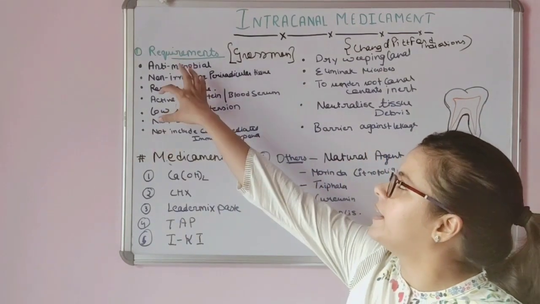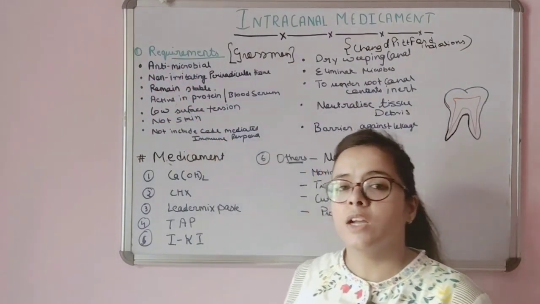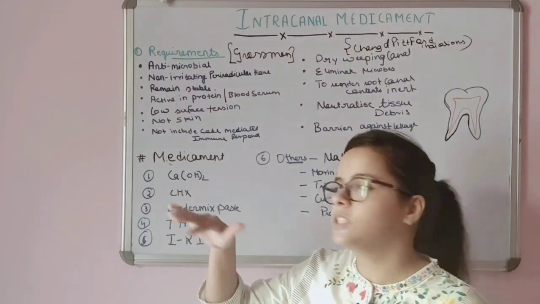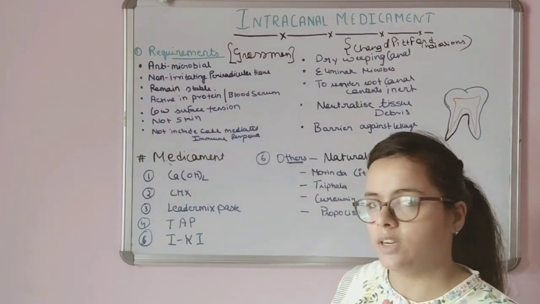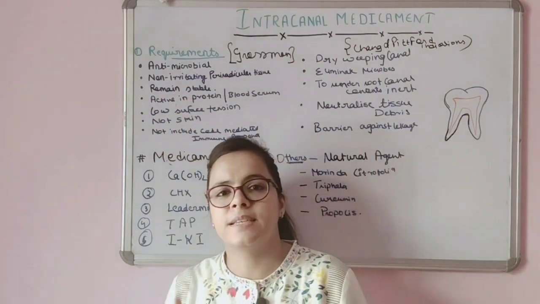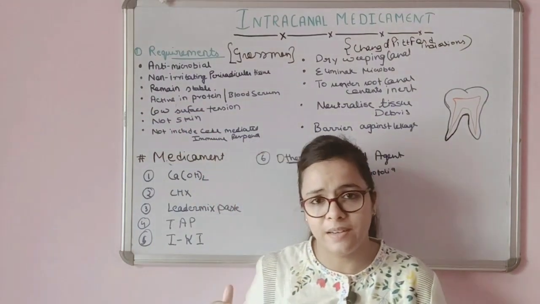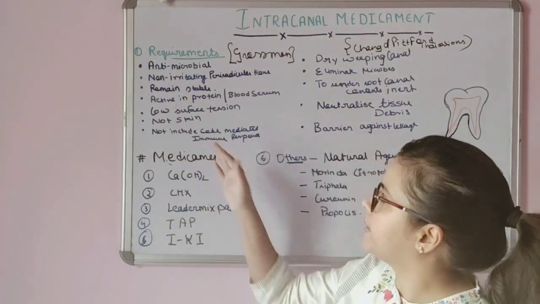Basically your intracanal medicament should have an antimicrobial activity, it should have a sustained release, and it should be non-irritating to the periradicular tissue. Not only this, it should always remain stable over a very long time.